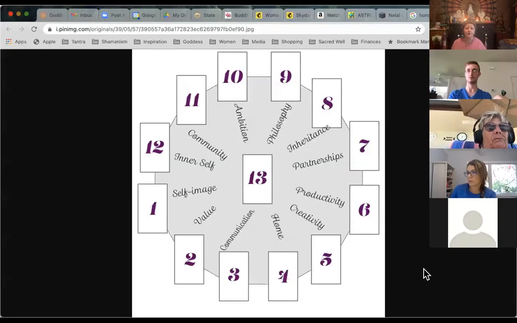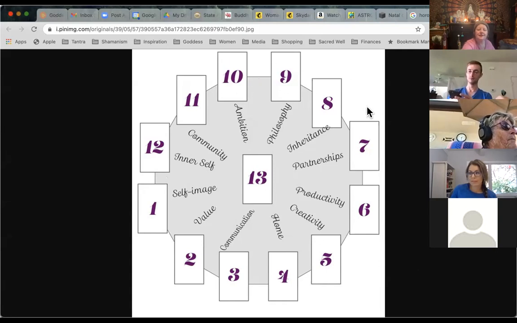So the horoscope spread in the tarot is basically the exact same as the houses. Now you might see at the center here, there's this 13th card, and I often put a 13th card. I usually call this spread my wheel of life spread.